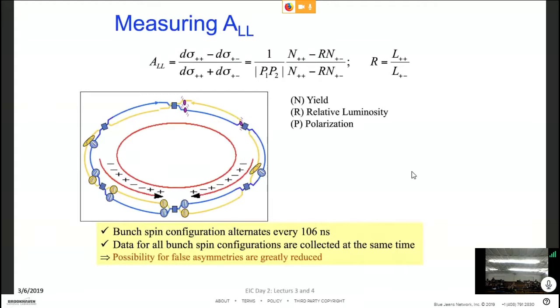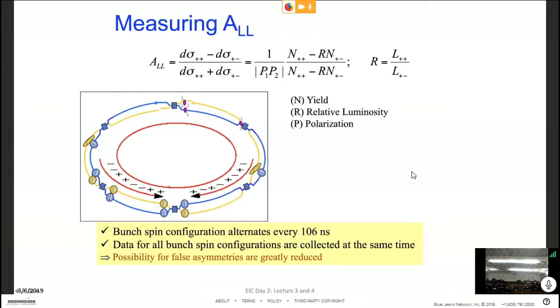The other beam we fill plus, minus, plus, minus, plus, minus. And the collisions happen this way. The plus on the left-hand side hits the plus on the right-hand side first, so you have plus plus. Then the next one is a plus on the left and minus on the right, so I get plus minus. Then the next one I have a minus plus. Then I have a minus minus.